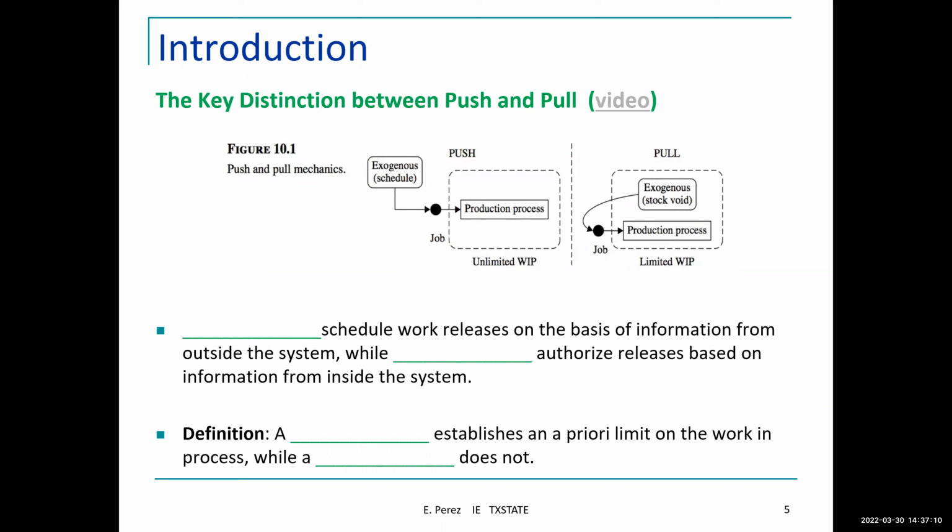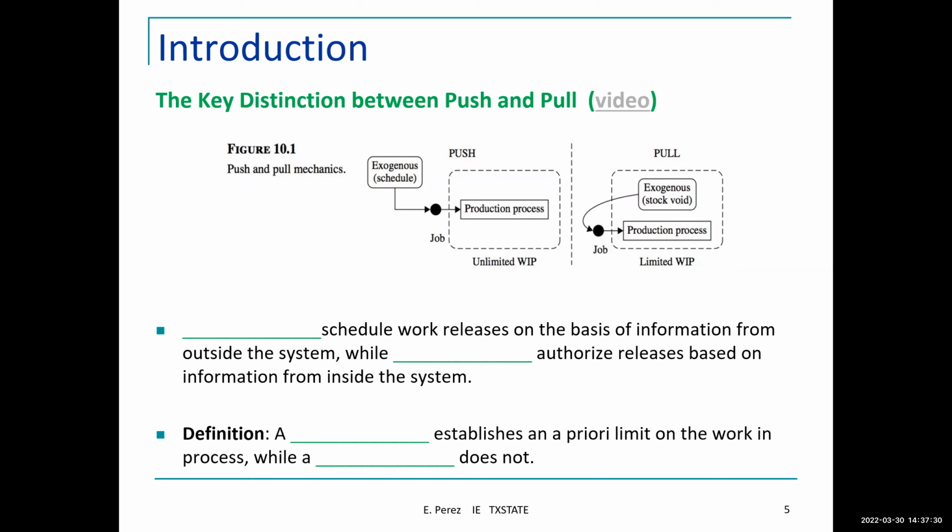So for those types of production systems, you'll see that there's unlimited WIP, unlimited work in process. You saw that in the video. You have all these big lots that are created, these pallets of products, and those are being moved throughout the production process.